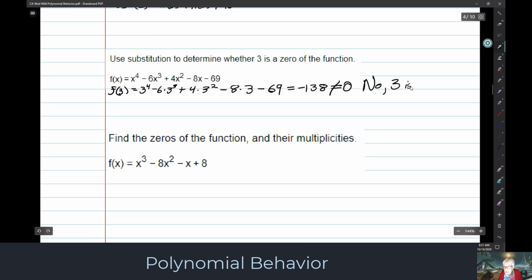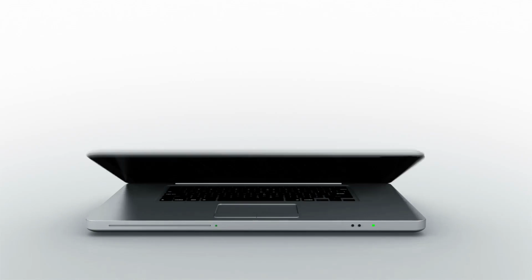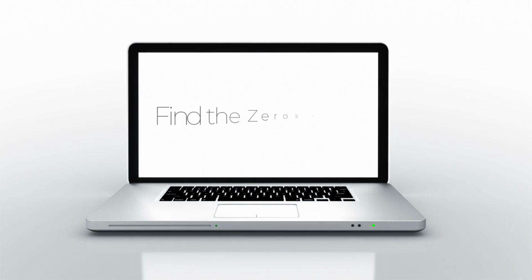3 is not a 0 of f of x. Okay. Well, now we have to find the zeros, and this is going to make more sense to you.